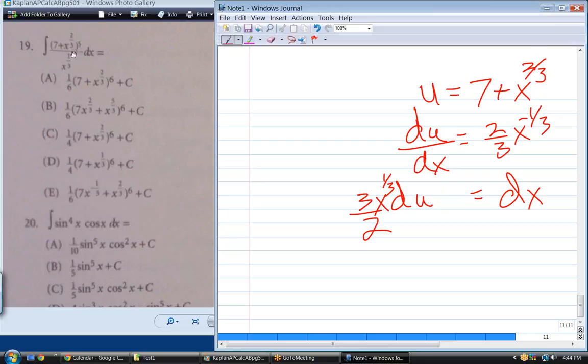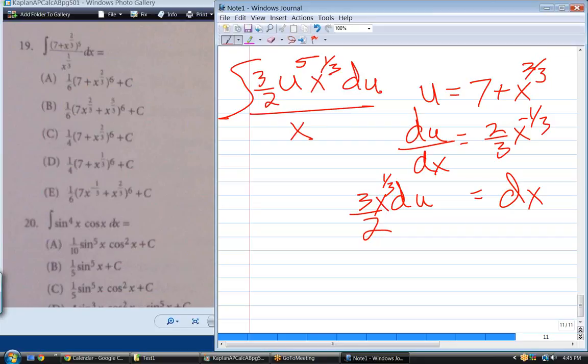So when I solve for dx, just using algebra, I get this. And now when I rewrite this whole equation, I've got u to the fifth times 3/2 x to the 1/3 du. And I still have my x to the 1/3 in the denominator, which now cancels out with this x to the 1/3.